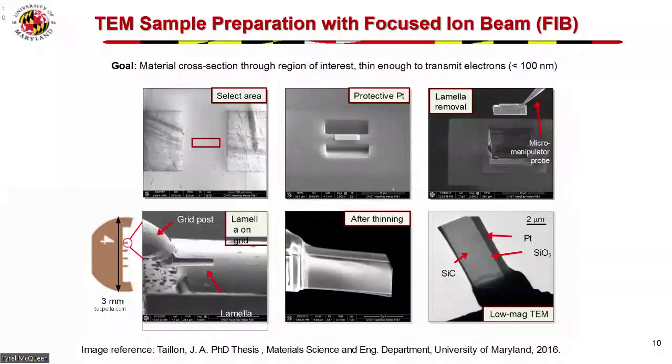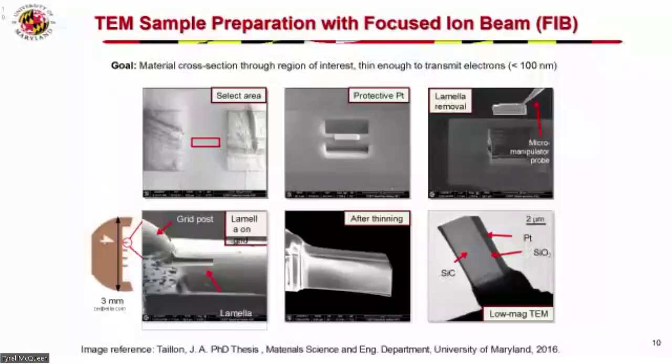And that's another point where it can break if it touches too hard. It just shatters. And then deposit with the ion beam more platinum, or it could be platinum, carbon, tungsten, there are different materials. And then with the same ion beam, the sample would still be attached to this manipulator, so you cut it free. Then just mill more until it's electron transparent. Does that help?